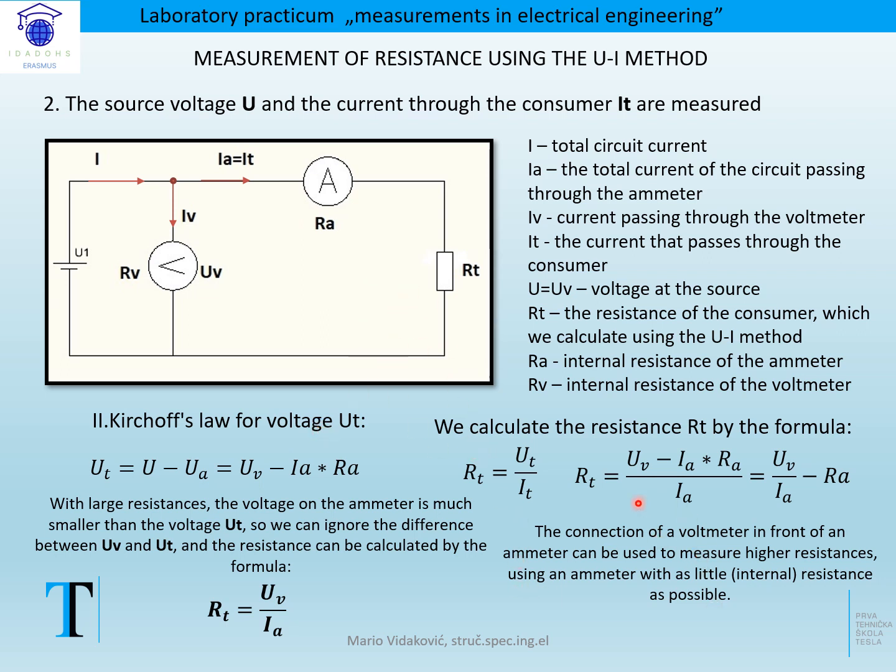This connection, a voltmeter in front of an ampermeter, can be used to measure high resistance of the consumer using an ampermeter with as little internal resistance as possible. In that case we get a lower measuring mistake.